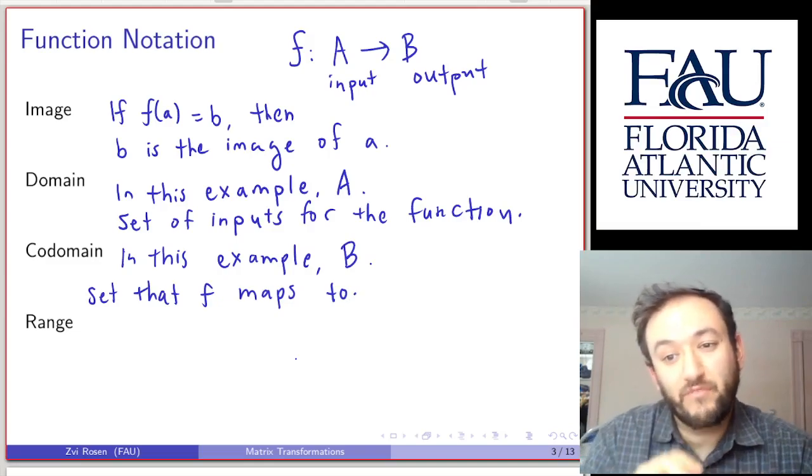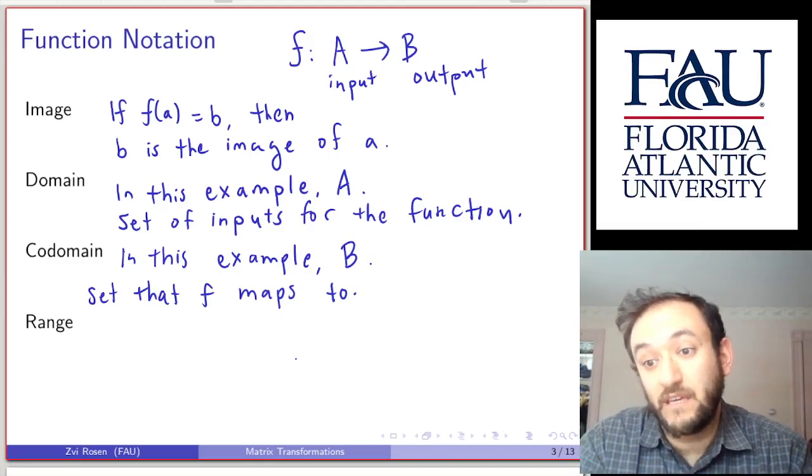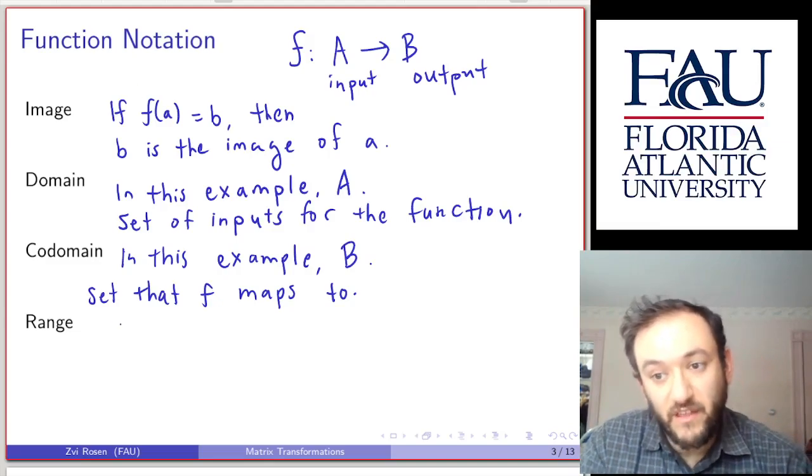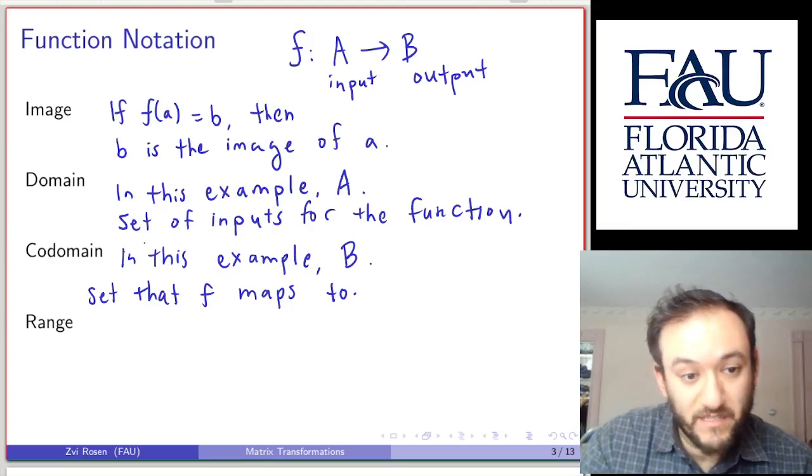Okay, but not everything in the codomain necessarily is the image of something in the domain. The subset of elements which are the image of things in the domain is the range.